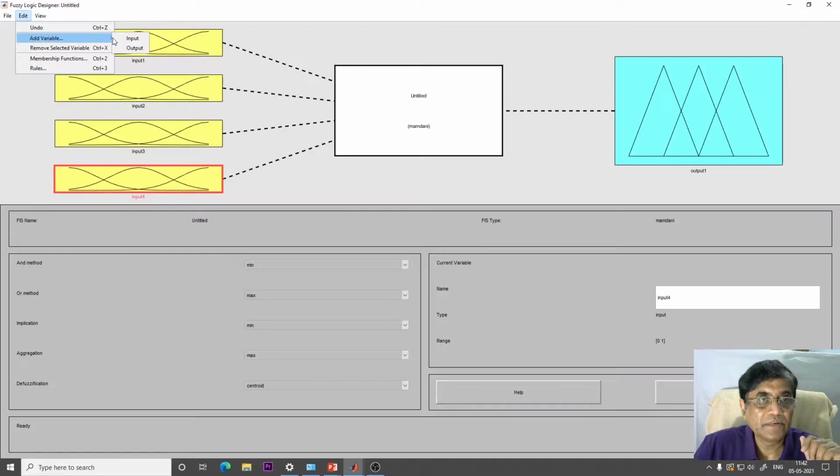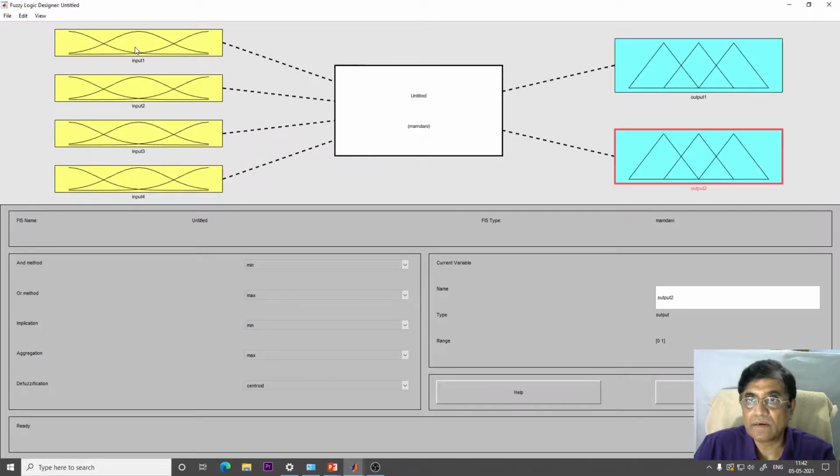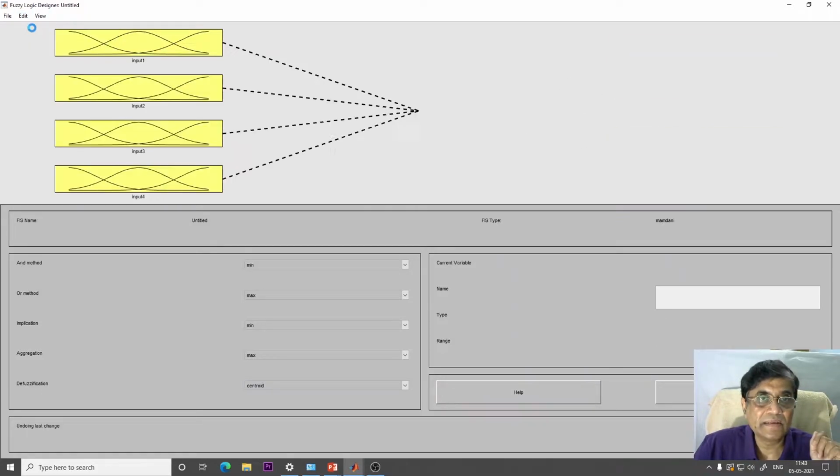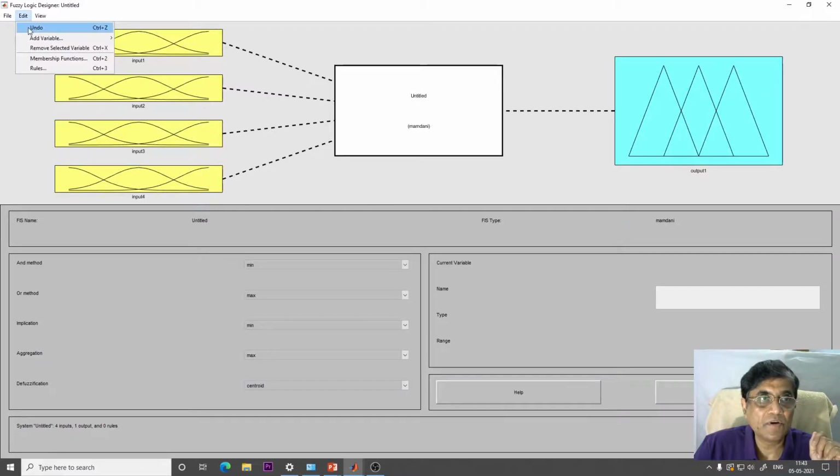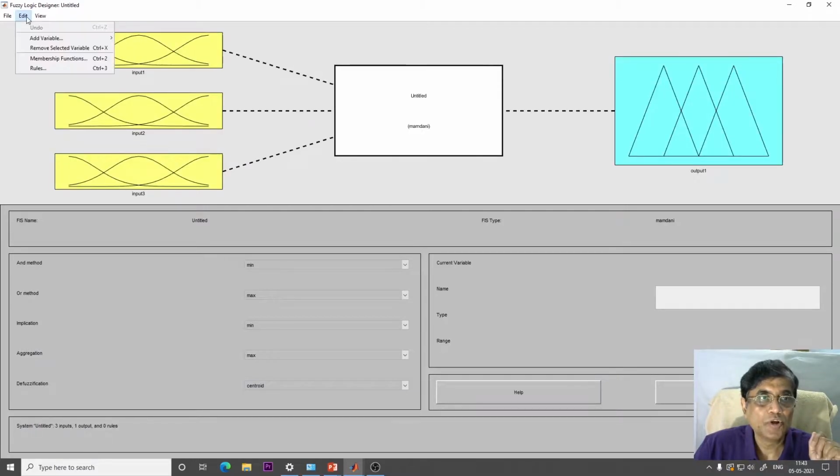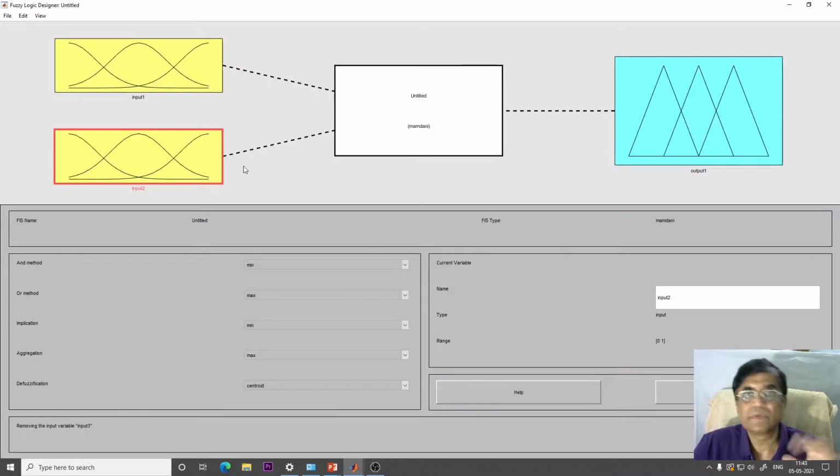This is a 4 input, 2 output system. But right now I am trying to solve a small problem, simply demonstrating how to design an expert system. So I can just use 2 inputs and 1 output.